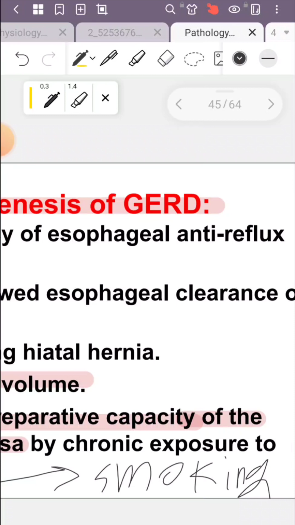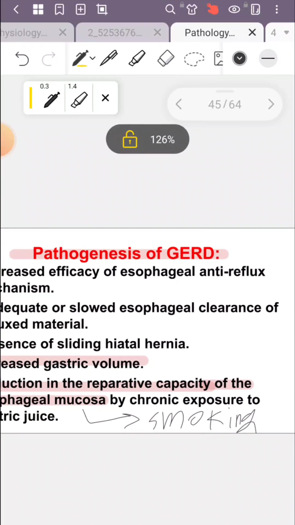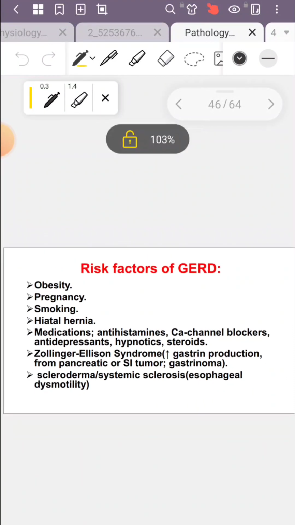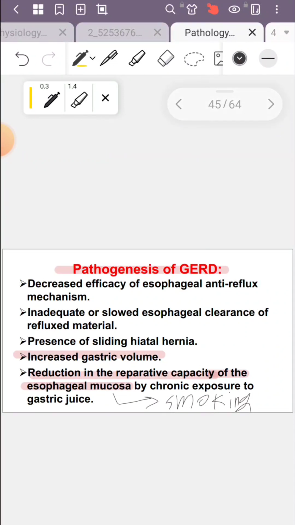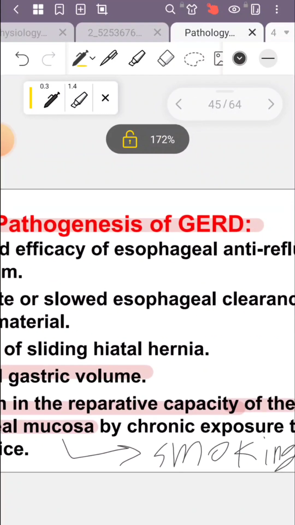So, decreased efficacy of lower esophageal anti-reflux mechanism, inadequate or slowed clearance of reflux material, hiatal hernia, increased gastric volume, and reduction in the reparative capacity.